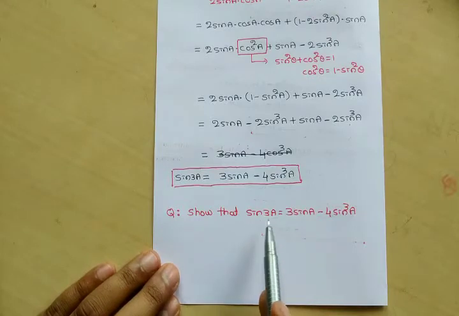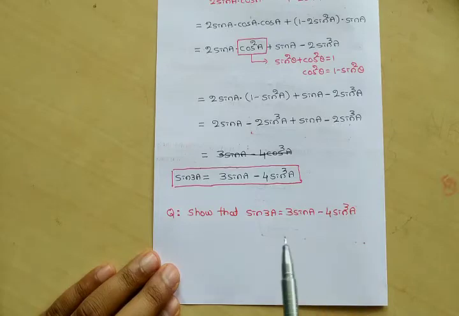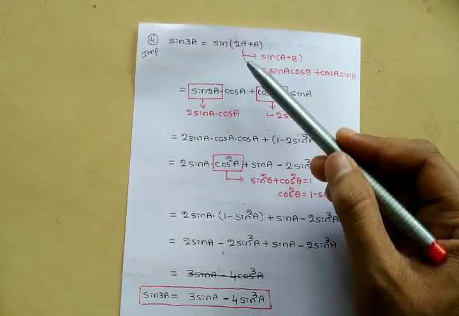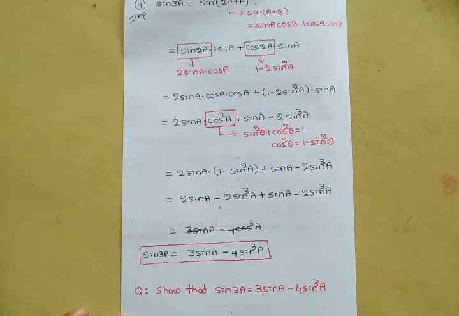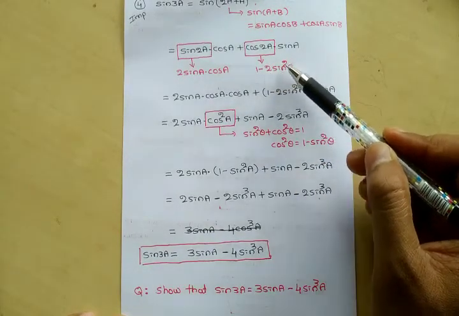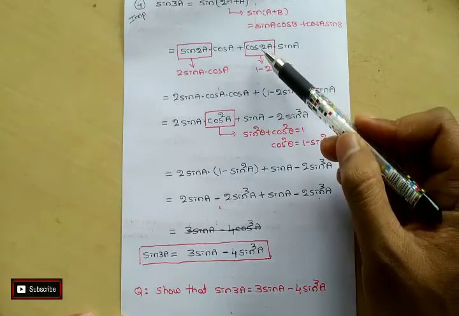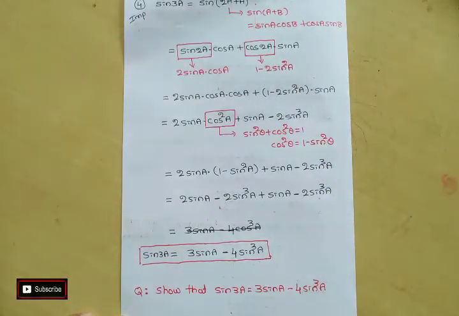Here what you need to do is, first consider the left hand side, then you have to show it is equal to the RHS. And here why I have taken the 1 minus sin square A formula only, because at the end I need to prove in terms of sin only, correct? Therefore here cos 2A you need to replace by 1 minus 2 sin square A only.